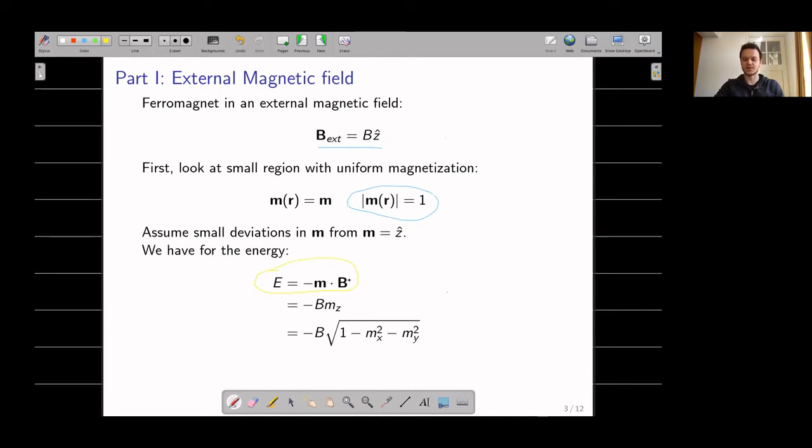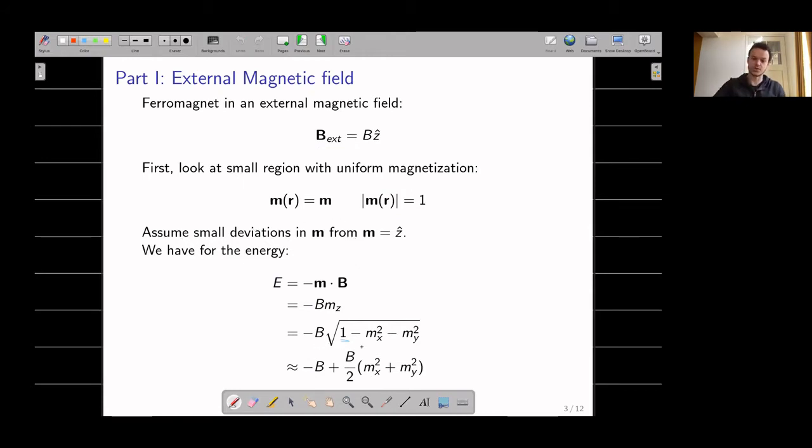And because the field is directed only along the z direction, we write B times mz. And we know that the norm of this magnetization is 1. We use that fact to express mz as a function of mx squared and my squared here. Now the next thing is we have already assumed small deviations.